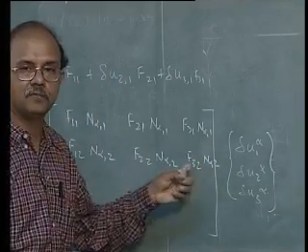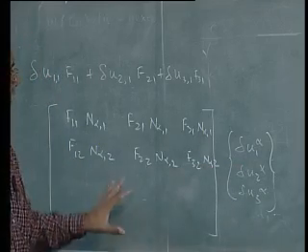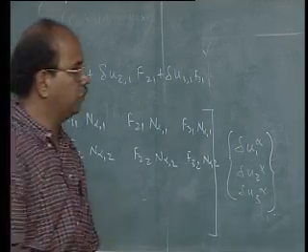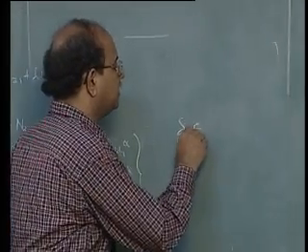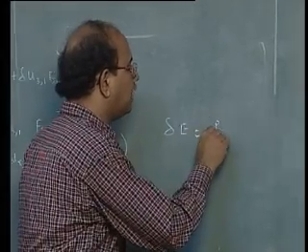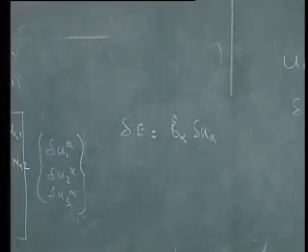That will be the second term, multiplied by this. So in other words, please fill this up. And in other words, delta E can be written as B alpha delta U alpha.